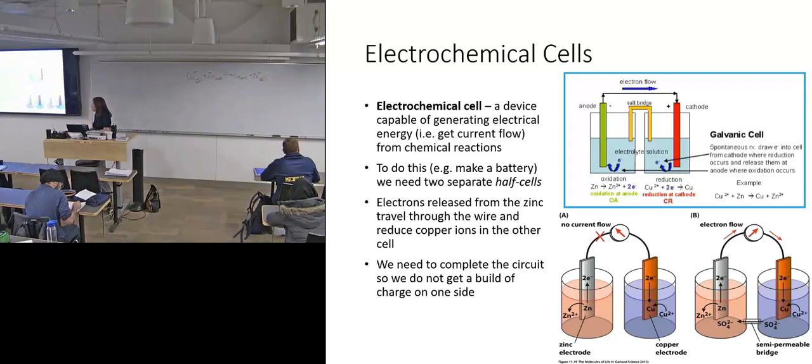A very annoying thing for me: the electrons are flowing this way, but our definition of current is the direction that positive charge would move. So current is flowing the other way, just by how we define it.